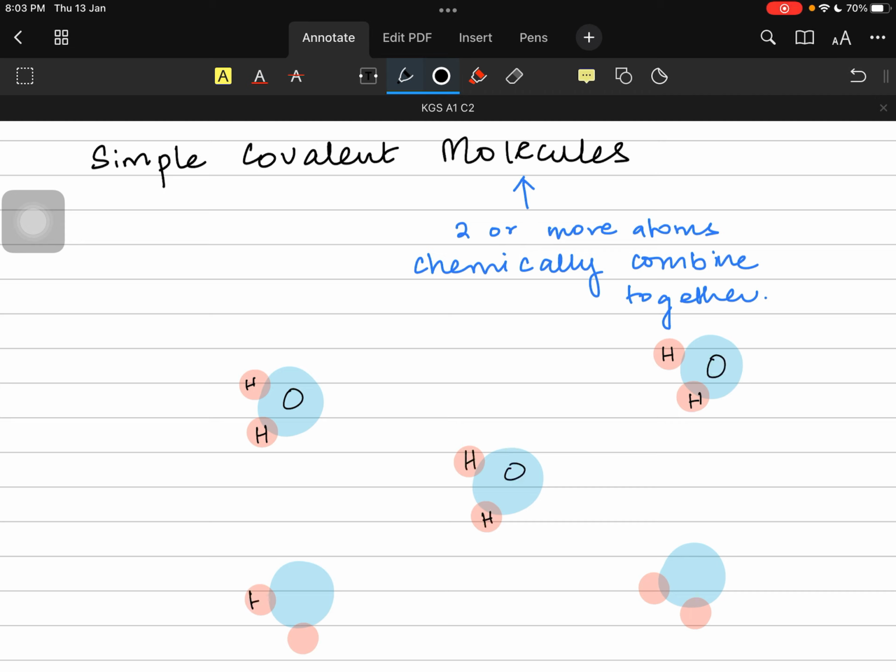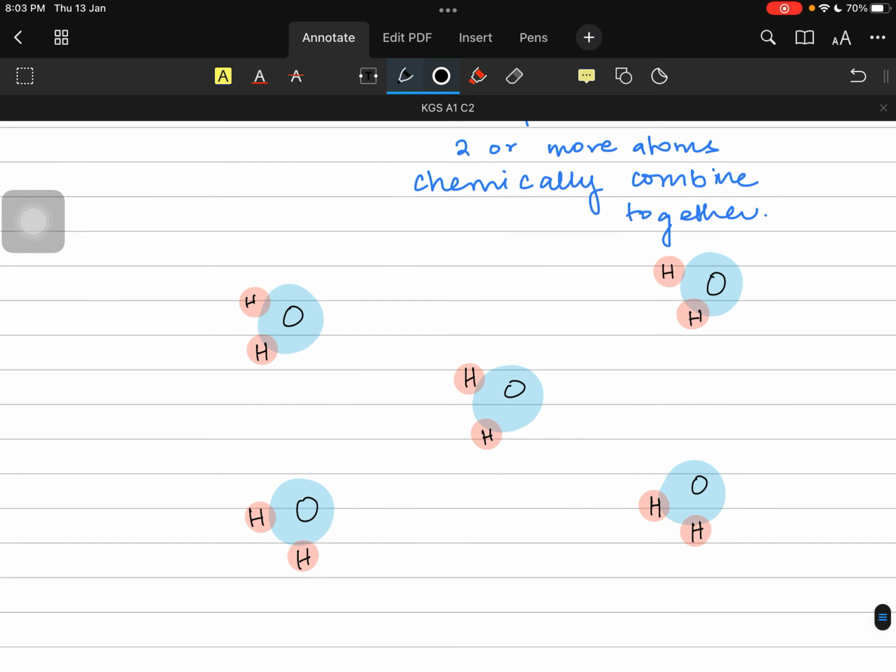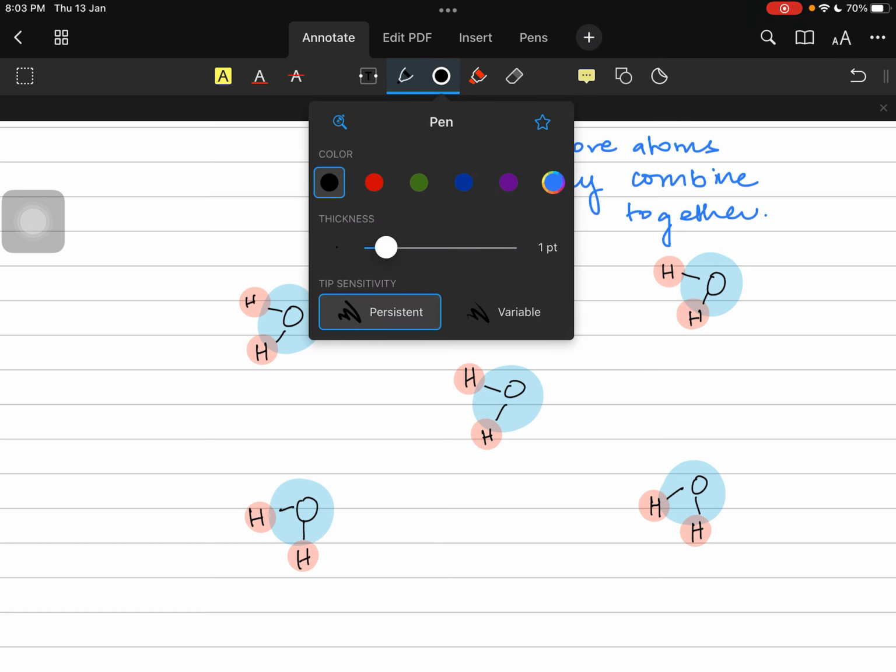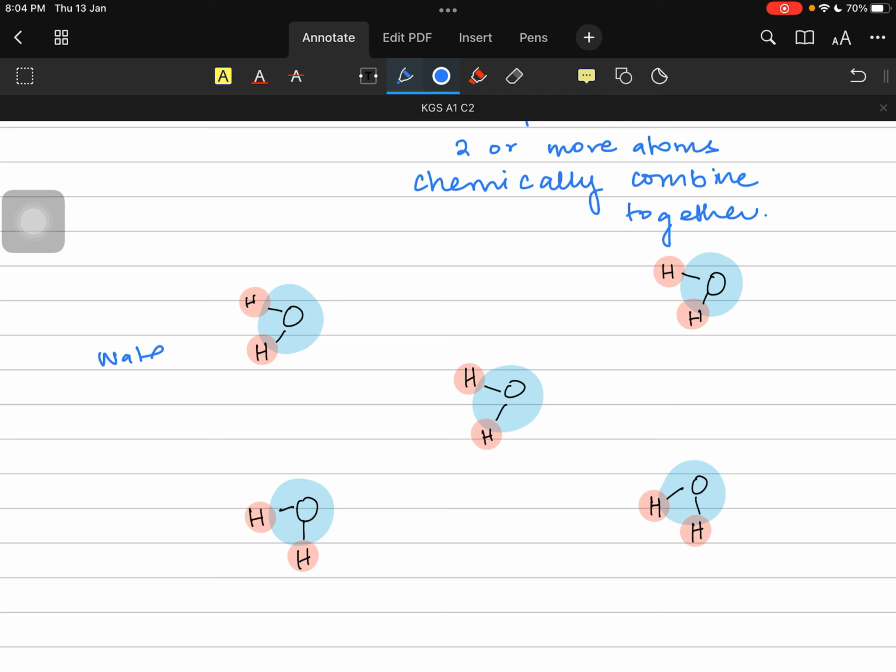Obviously we know that each hydrogen makes one covalent bond with the oxygen atom, and I'm drawing simple single lines to show these bonds. This is a water molecule. Each water molecule is attracted to the other water molecule through weak intermolecular forces, so these molecules have weak intermolecular forces between them.